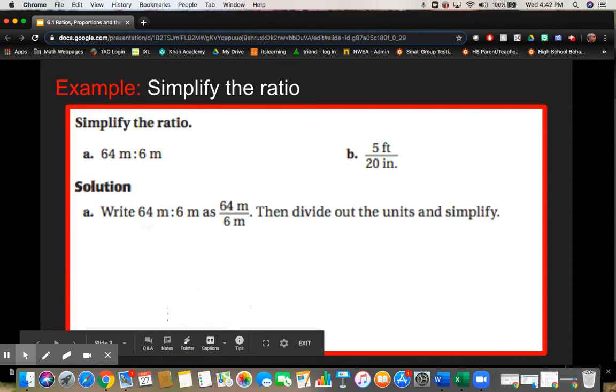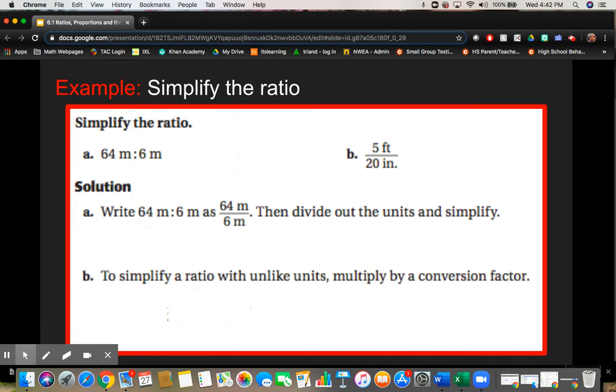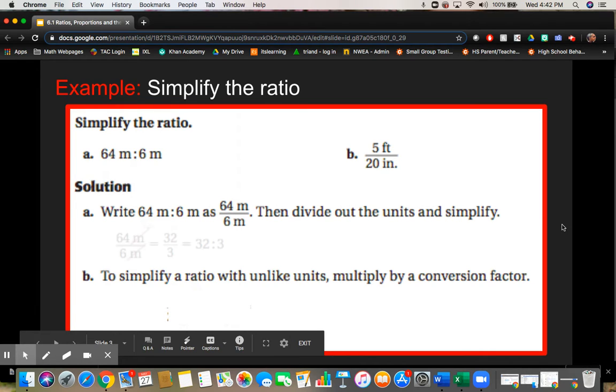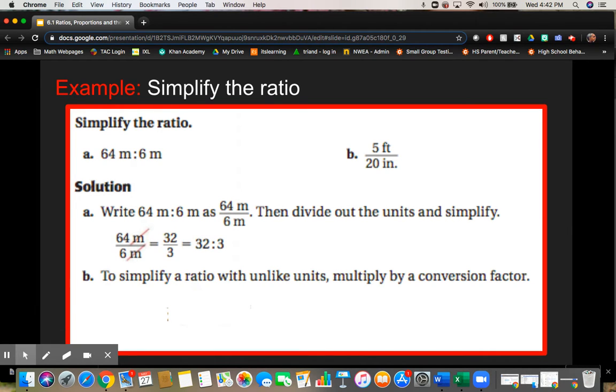But in part B, we can't simplify ratios with unlike units, so we'll end up having to multiply by what's called a conversion factor. 64 over 6 in A, notice meters over meters simplify out. 64 over 6 simplifies to 32 over 3 because both 64 and 6 are divisible by 2. 64 divided by 2 is 32. 6 divided by 2 is 3. And so I end up with 32 to 3 as my ratio.